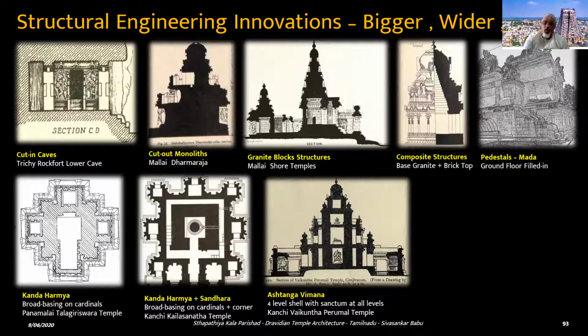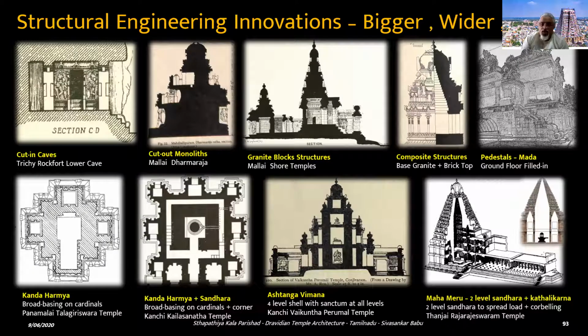So the ultimate technological innovation is in the Mahameru Tanjai temple, where they did the corbelling, they did the Sandara, 2-layer, 3-layer Sandara, where the solid base is there, and on top of it 14 talas of pure granite, heavyweight granite, with no joints and no pasting, purely on proper alignment and slide joints.